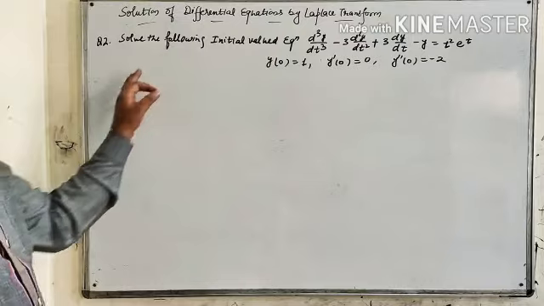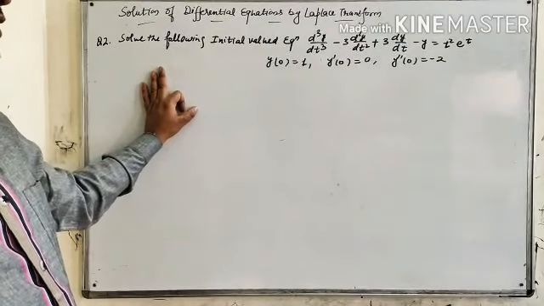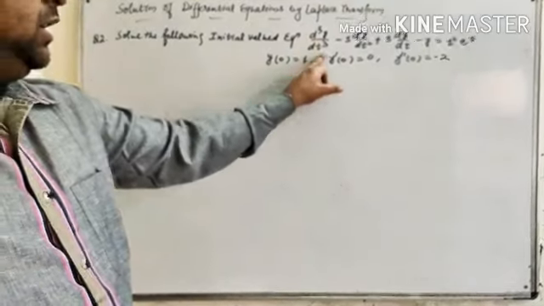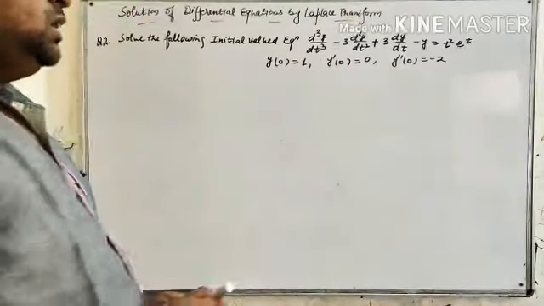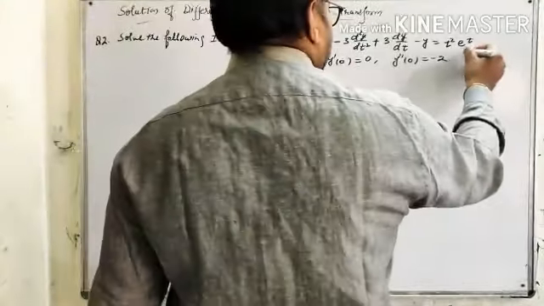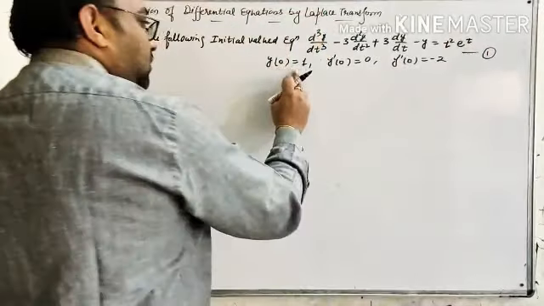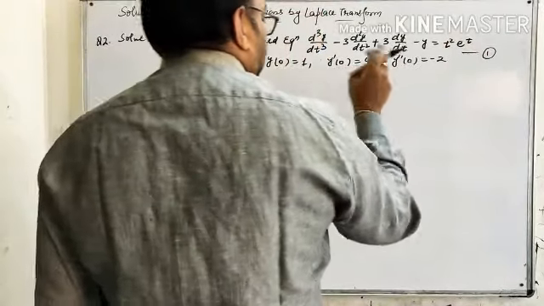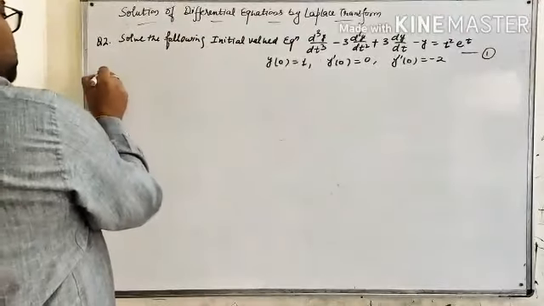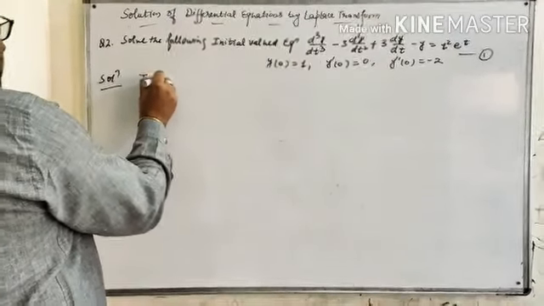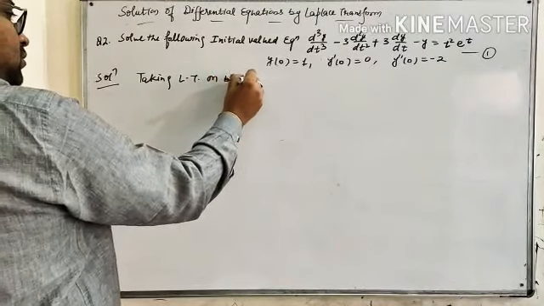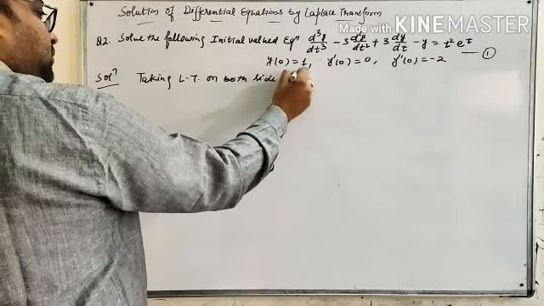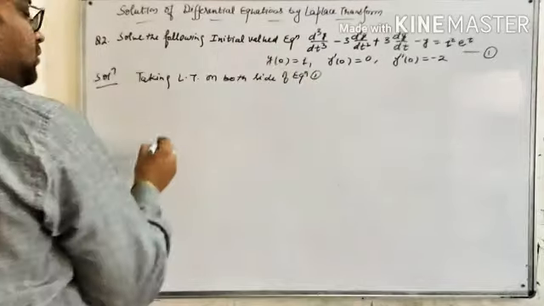The next problem is: solve the following initial value equation, d cube y over dt cube minus 3 d2 y over dt square plus 3 dy over dt minus y equals t square e raised to power t, y(0) equals 1, y dash 0 equals 0 and y double dash 0 equals minus 2. In the solution part, taking Laplace transformation on both sides of equation number 1.